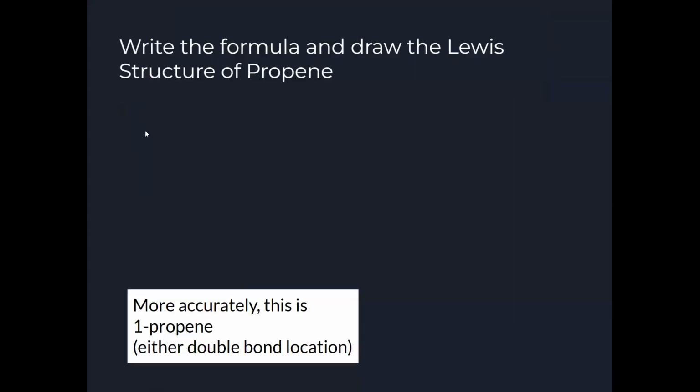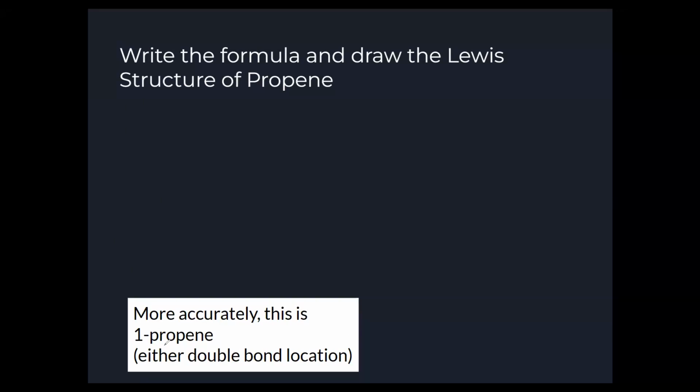Okay. So how about propene, which is more accurately 1-propene. There's a couple of different ways that we've learned how to name things over the years. So it took a little bit of time for us to come to consensus, but we can still do everything we did before. Pro and ene. What did ene mean? 1 or more double bonds.